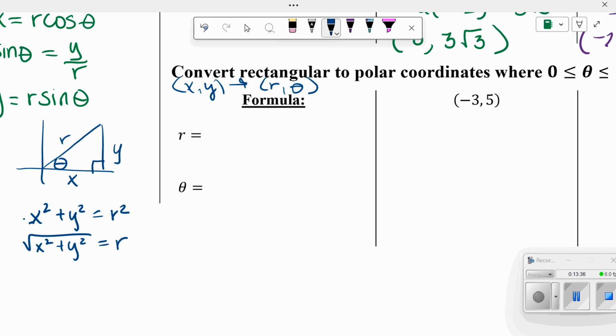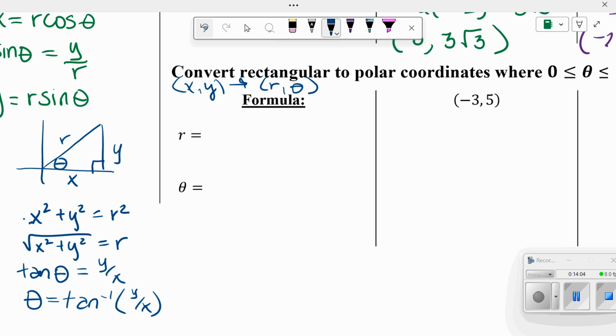And then to find theta, well, we would know the x and y values because that would be the ordered pair we would use. So y is opposite, x is adjacent, so that's just going to be tangent. So tan theta would be y over x. So to solve for theta, we would do tan inverse of this. Now, you guys remember, hopefully, dealing with inverse of tan, that lives in quads 1 and 4 exclusive.